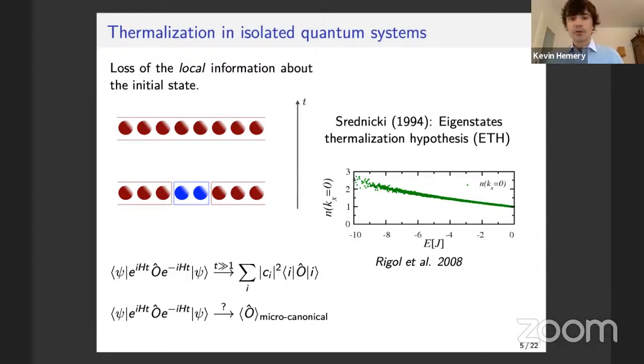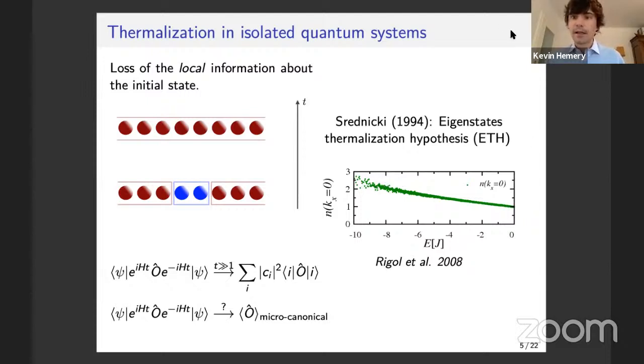Okay. Now, if we go back to this idea of eigenstates being thermal, what we would like to see is that the expectation value in an eigenstate will smoothly depend on the energy, because we want these eigenstates to reproduce properties of a statistical ensemble, and smoothly depending on energy is exactly what an ensemble would do.